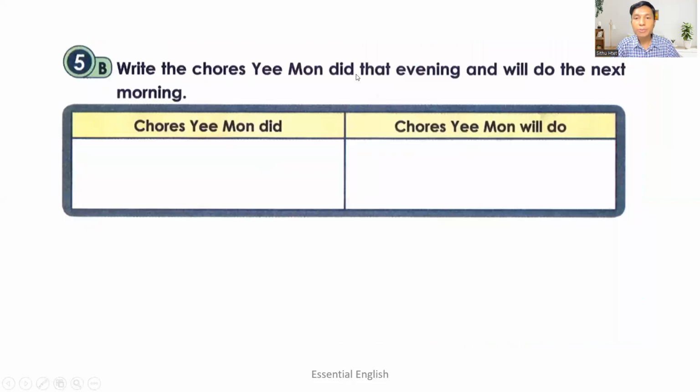Now write the chores Yimo did that evening and the chores she will do the next morning. So the chores Yimo did are, if you read the note again, you'll find she did the dishes, took out the rubbish, and folded her clothes.